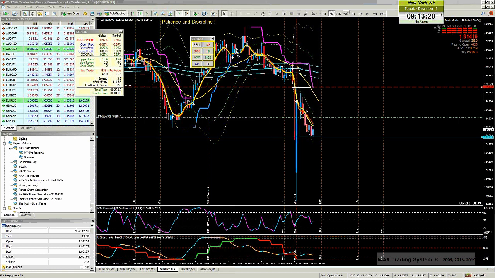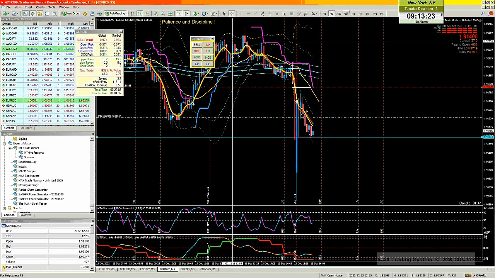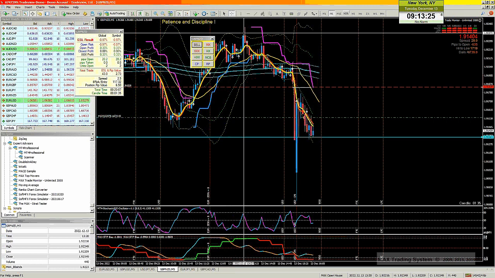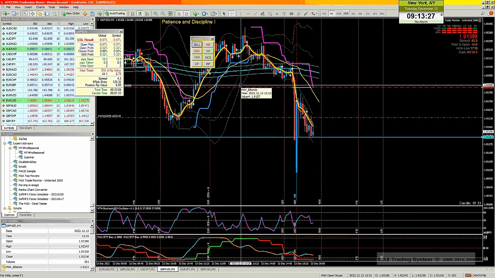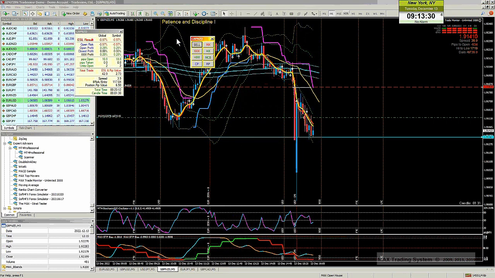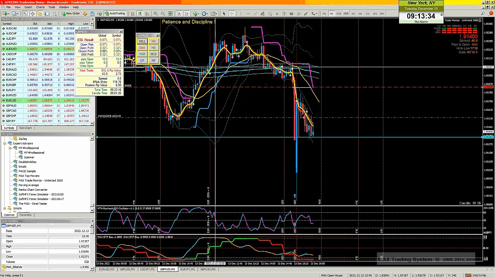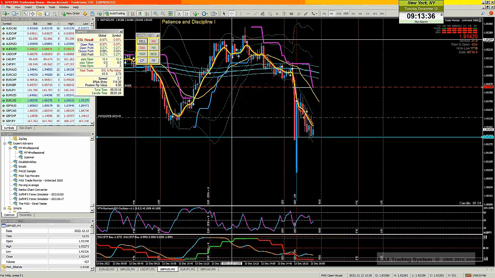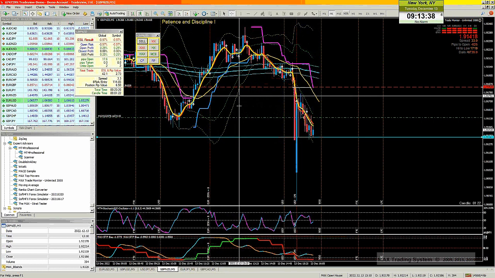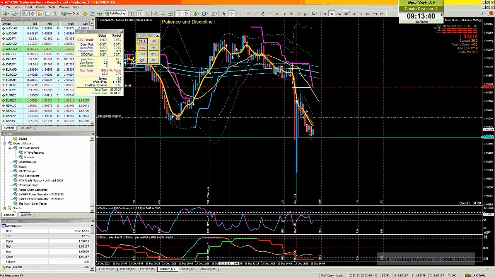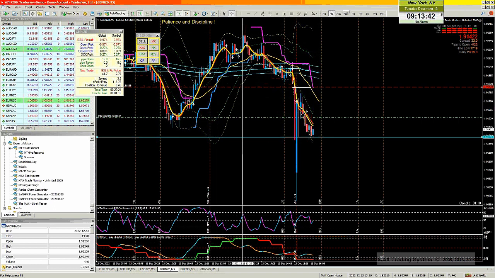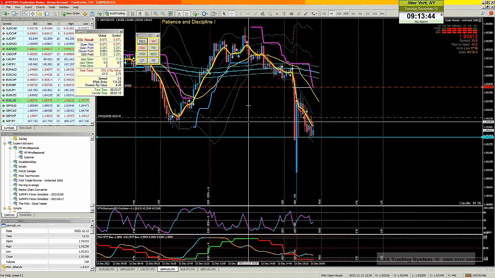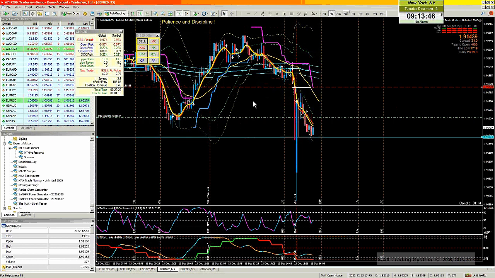For example, when the price is making higher highs, let's see if we have an example here. So if the price is making, in an up movement, higher highs and the Stoch RSI is making lower highs, we have a divergence. This is one of the divergence types we have.